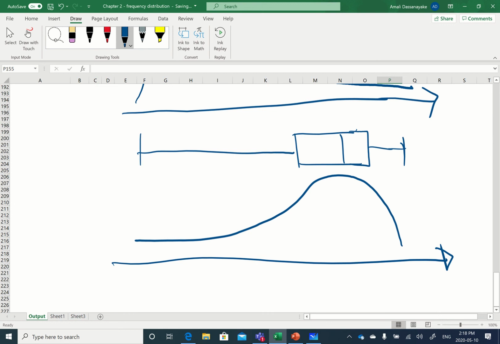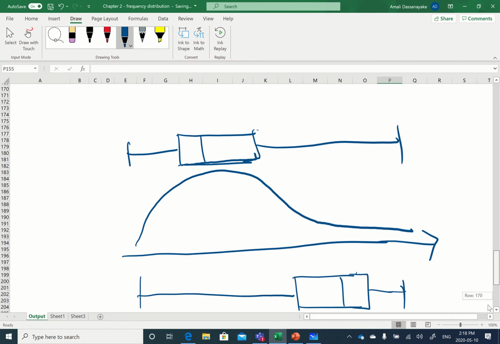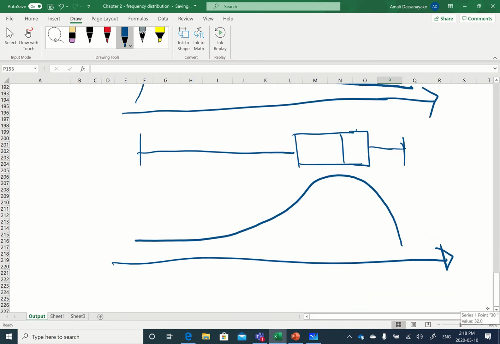Okay, so the box plot, rather than creating the histogram or frequency polygon, because to create a histogram or frequency polygon you have to do a lot of work. We have to first create the frequency distribution in order to get the frequency polygon, right? It needs a lot of work. But this is a very simple graph. All you need is min, max, Q1, Q2, and Q3, right? So this is the minimum data point.